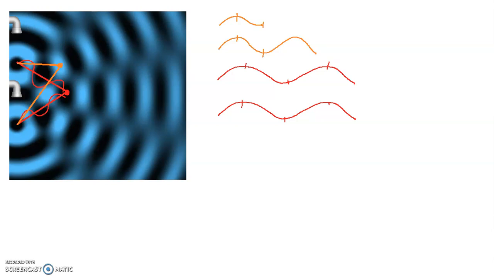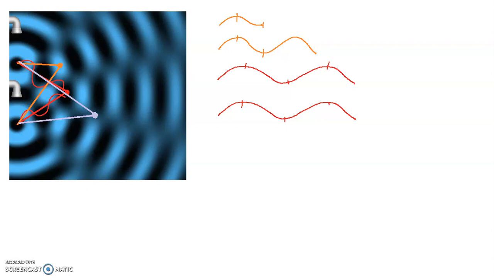Well, let's take a different place, maybe a place that's a minimum, maybe over here somewhere. That's a minimum location right there. And if I do my distances again, from there to there, and from there to there, my waves aren't going to match up like they did with my maximums, like the orange and the red one, and that's why it's a minimum.